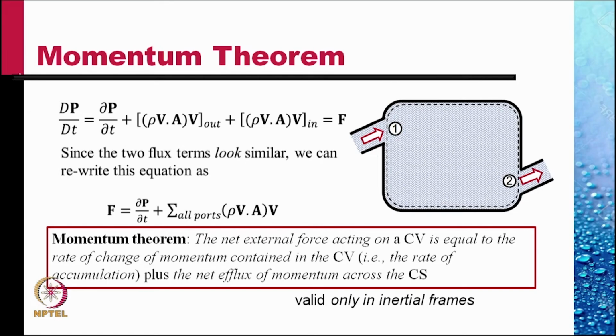This is valid only in inertial frames of reference because Newton's second law of motion is applicable only in inertial frames. What are inertial frames? Frames that are either stationary or are moving with constant velocities, that is, frames that are not accelerating. A rotating frame would definitely be accelerating.